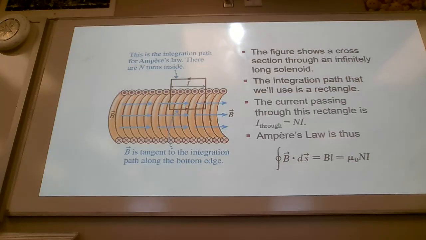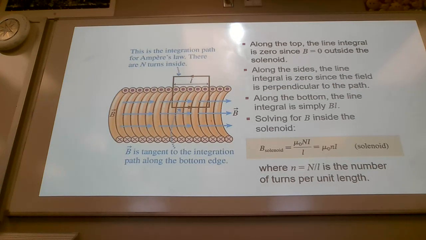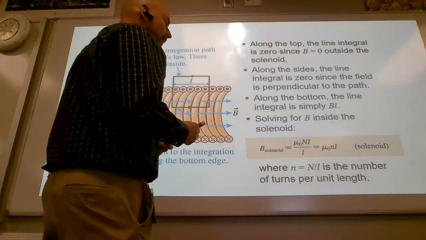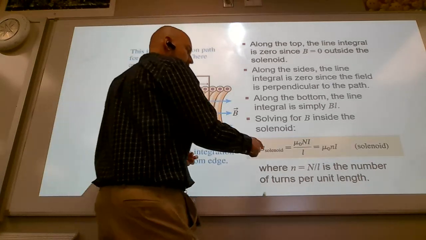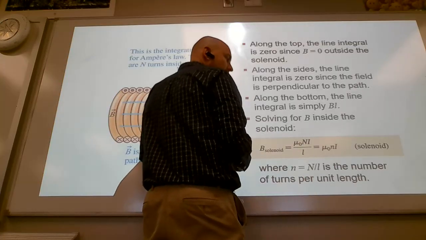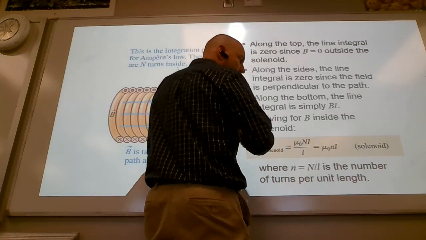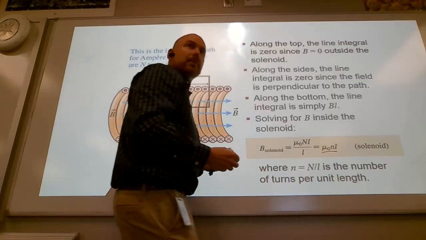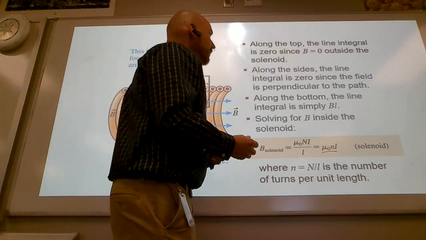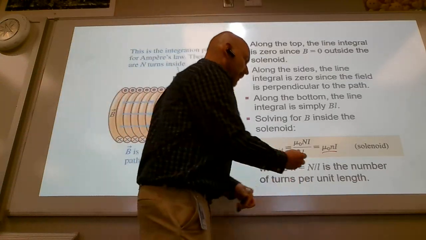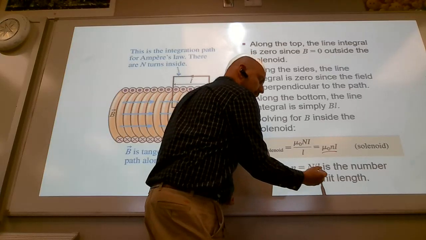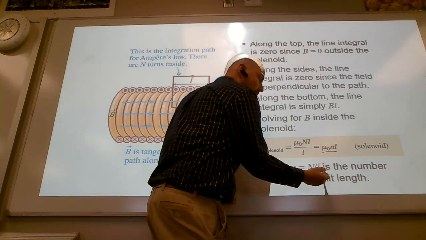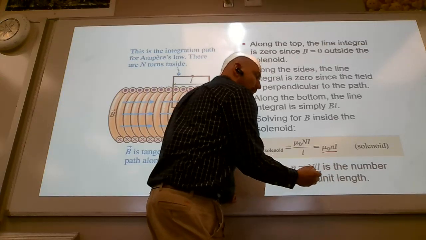They do, sadly, give you this, so they'll bring the L over here. This is what's written on the equation sheet, where N is the number of loops, turns, or windings per unit length.